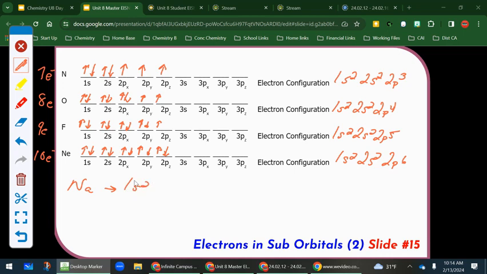What's next? By the way, how many electrons are we trying to place? 11. So 1s2, 2s2, 2p6. Think about that. Why are you going back to 1?